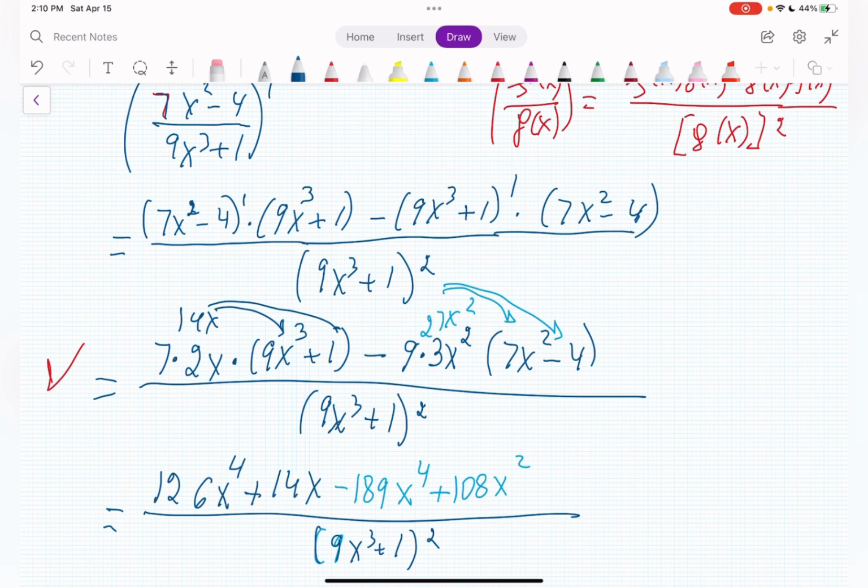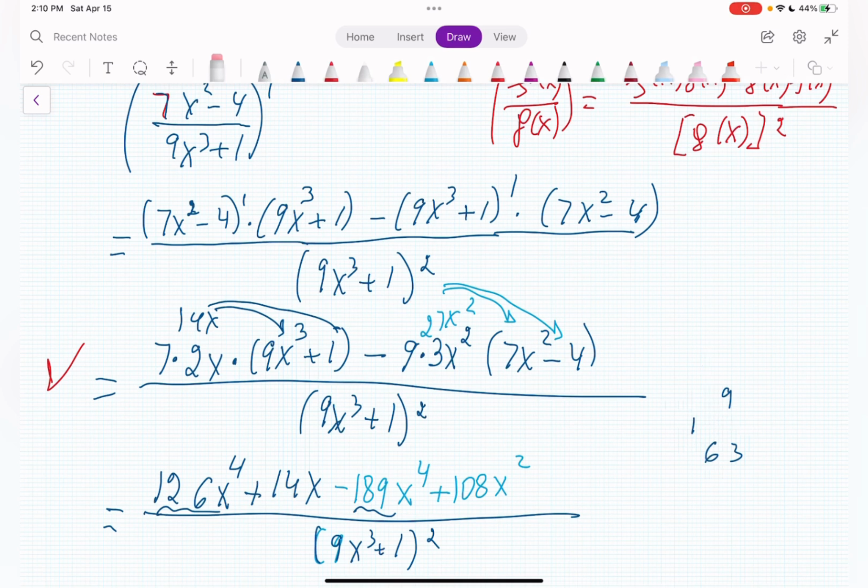So 189, we have here like terms. So negative 189 and 126, we need to subtract, 3 and 6, 63.